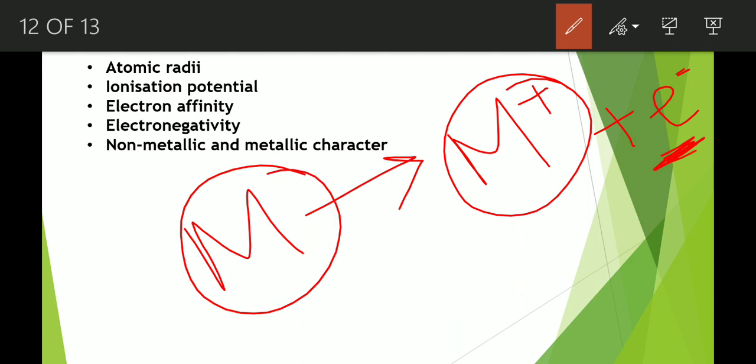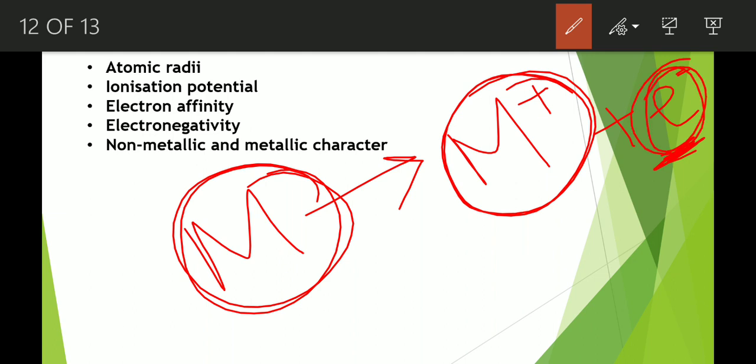This electron has been removed from this atom, and it has become unipositive now. Ionization potential is the minimum amount of energy that is required to remove an electron from its outermost shell. So the energy required to remove this particular electron from its valence shell, from this atom, is the ionization potential.